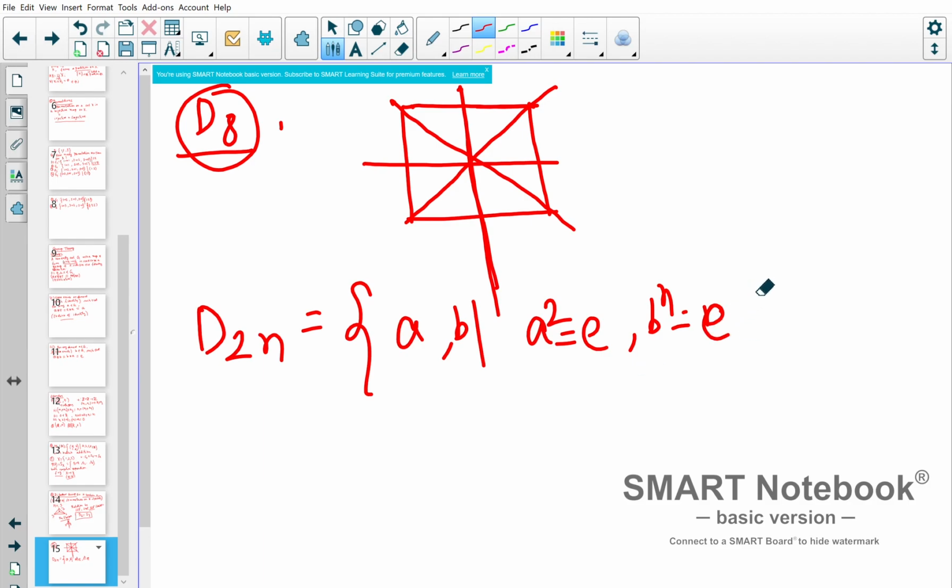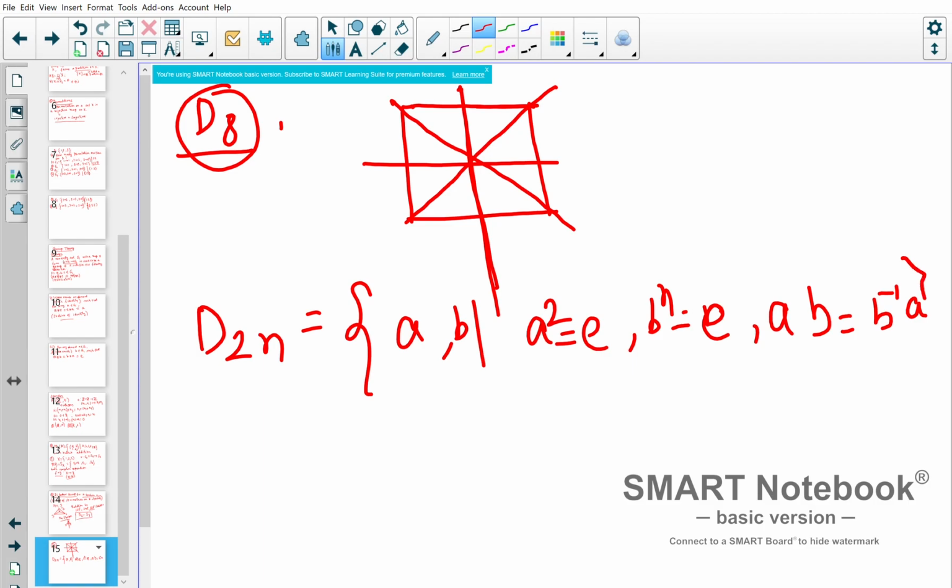And you will have one more property, that a b equals b inverse a, or you can write ab equals b inverse.